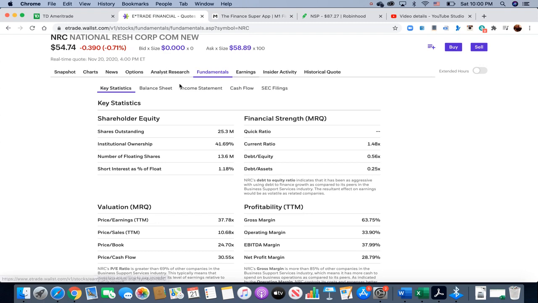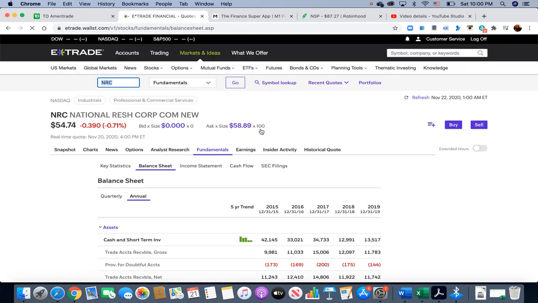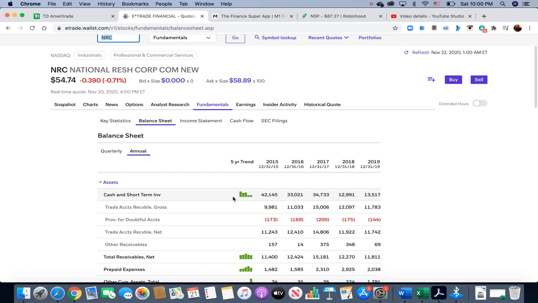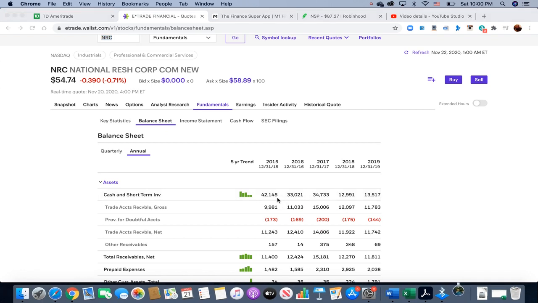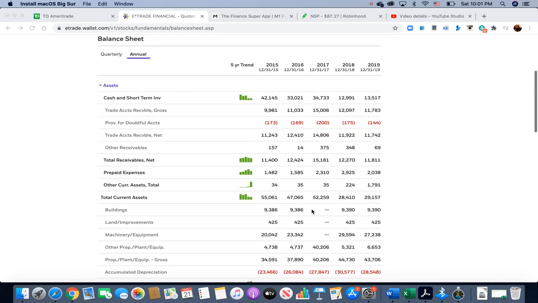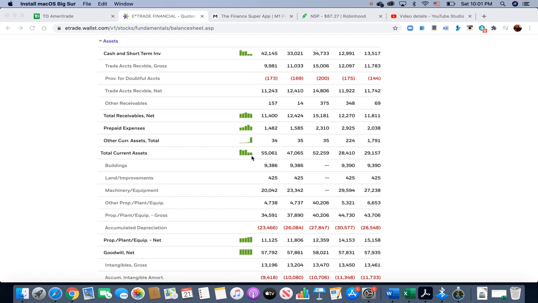And then the next thing, let's just run through the balance sheet real quick and dirty. As far as cash flow is concerned, their cash flow seems to be going down, but what we want to see is the total assets. Total assets seems to be going in a downward direction from what I can tell.